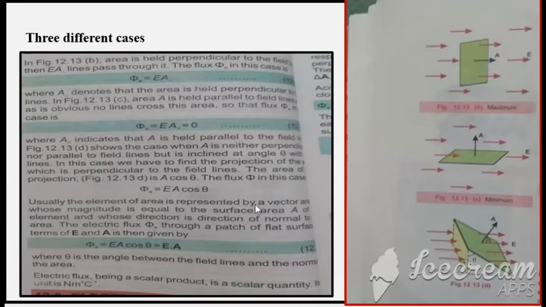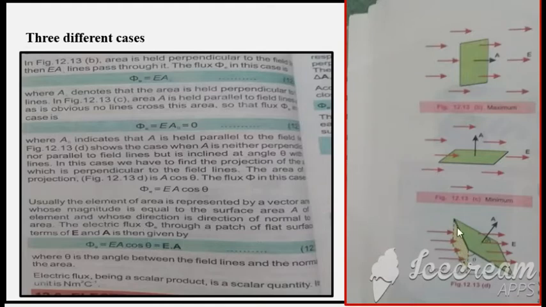Usually the element of area is represented by the vector area, whose magnitude is equal to the surface area of the element. By magnitude we mean how much something is.